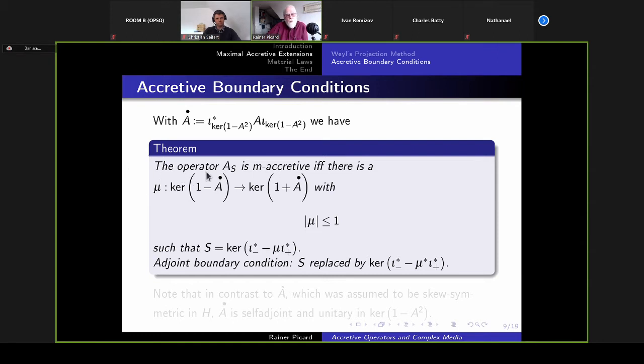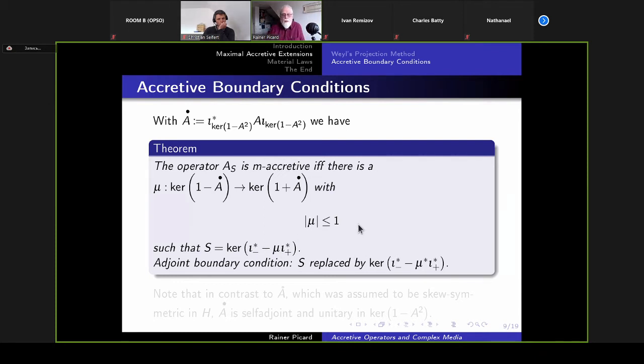By this construction, we get a maximal accretive extension A_S if we have a mapping mu from the kernel of 1 minus A dot, that's sort of the positive part, P plus, into P minus, with mu absolute value less or equal to 1. And then S is actually the kernel of this combination. So this is the projector on the negative kernel, minus mu times the projection on this.